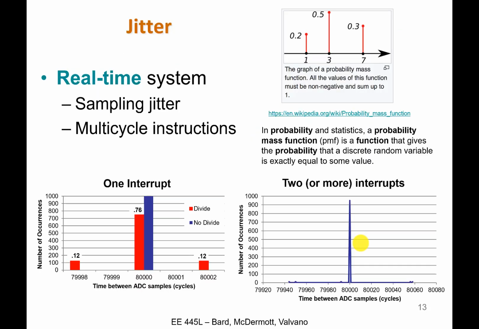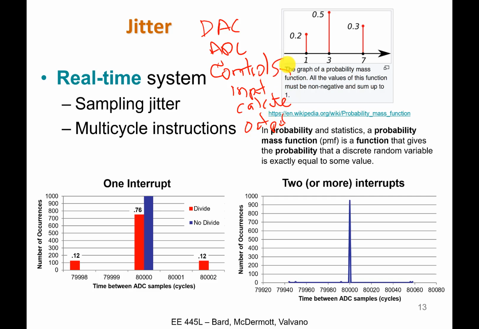Now, in a periodic event like sampling the A to D converter or outputting to the D to A converter, we can do D to A output, we can do A to D input, or we can actually run a control algorithm which does input, calculate, output.